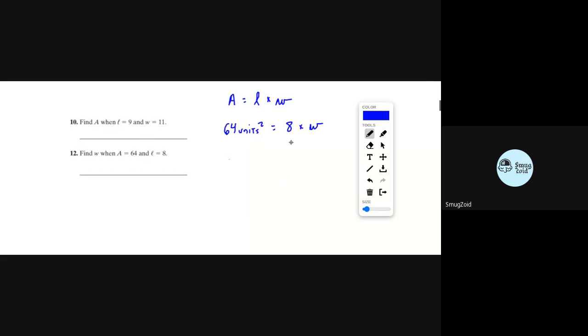So when we have this, you can rewrite it. 64 equals 8W. I divide by 8. Divide by 8. And I would just put 8 units equals W, right? That's pretty straightforward.